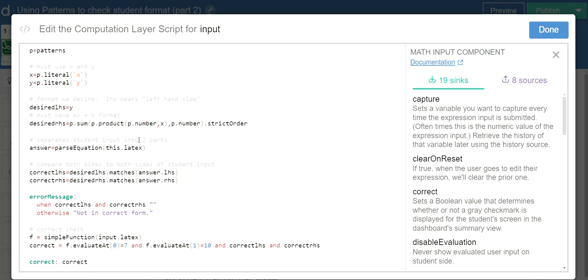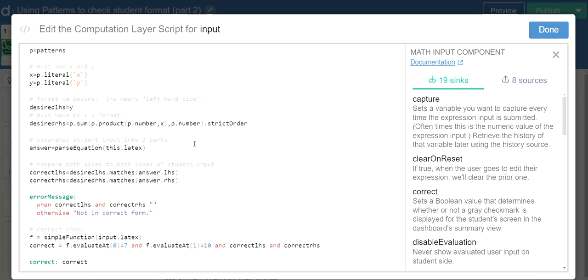So back here in the computation layer, besides a desired left-hand side of the equation, I'm going to have a desired right-hand side of the equation. Now here's our sum of 2 terms. The first term is going to consist of a product of a number times the variable x, and the second part of our sum is going to be a number.